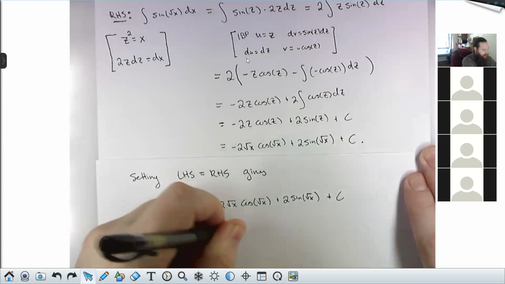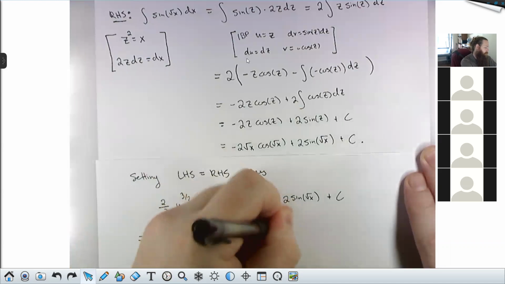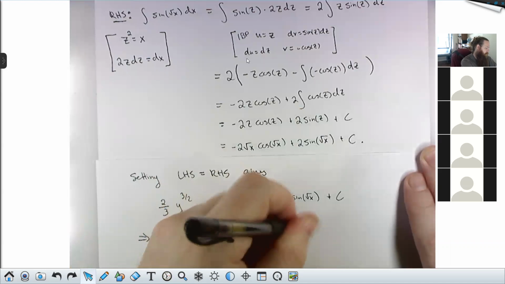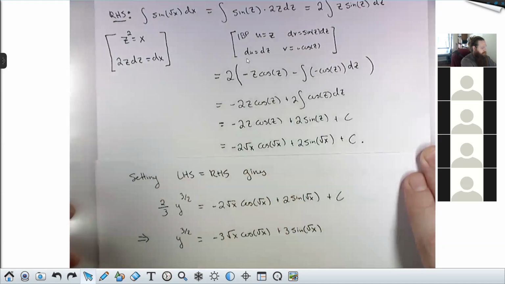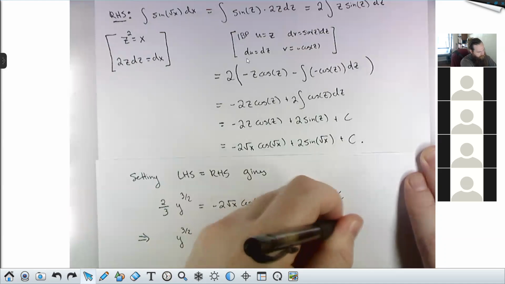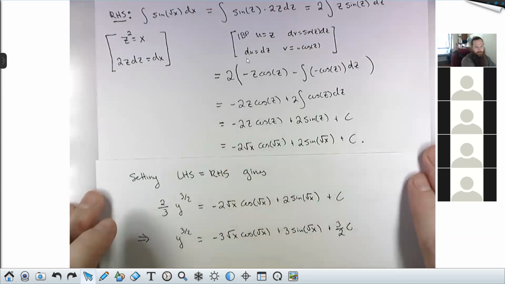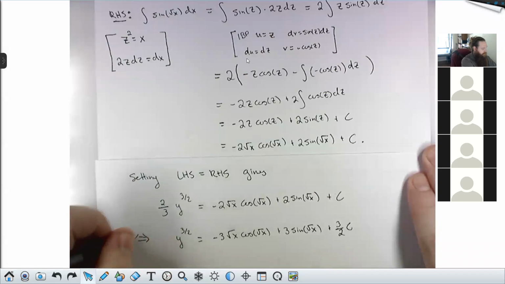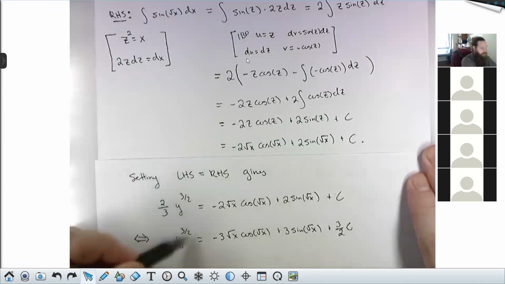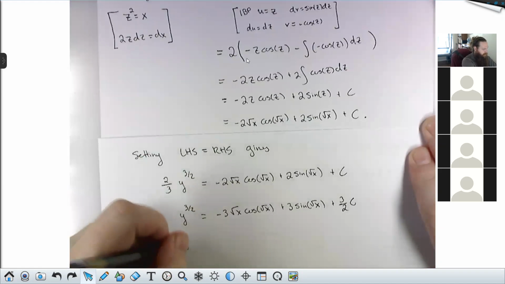negative 3 root x cos root x plus 3 sine root x. Technically here plus 3/2 c. And then I want to get rid of this 3/2 power, so I raise both sides to the 2/3.